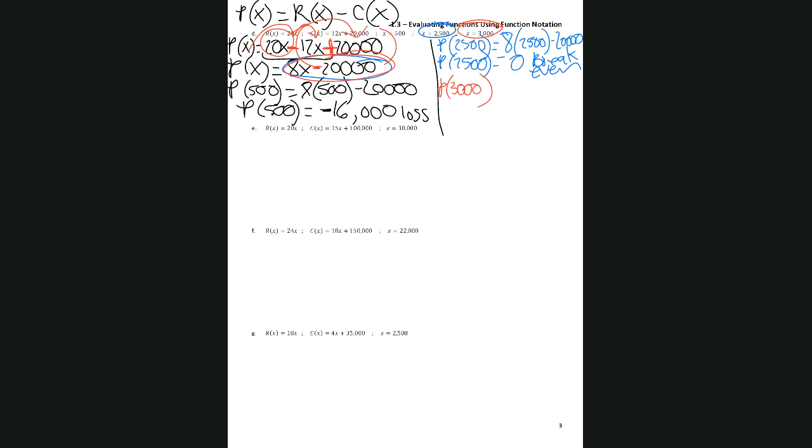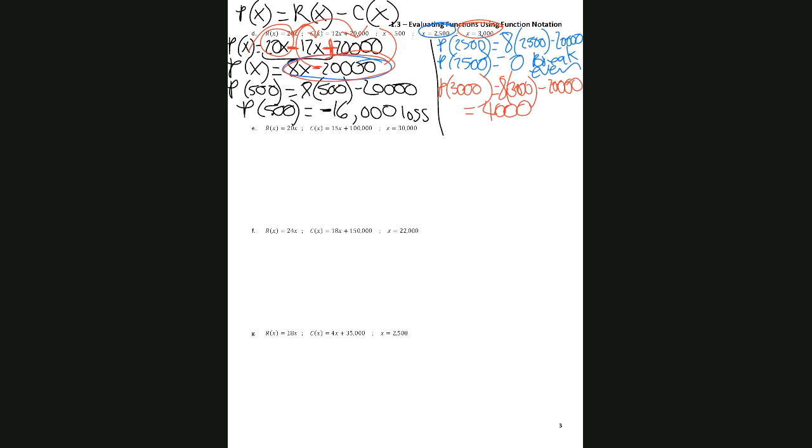So at 3,000 items, let's find that out. So 8 times 3,000 minus 20,000. That one will give us positive 4,000. And so that means that we have a profit of $4,000.